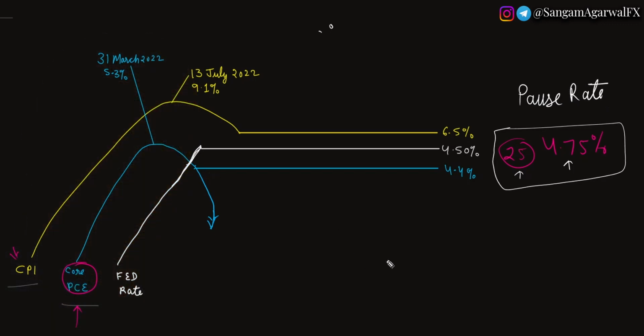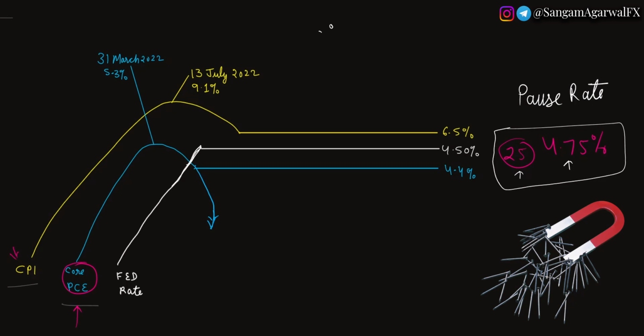And since the inflation rate and the central bank rate catch each other like a magnet, when core PCE goes back to 2% and the Fed stops hiking interest rates, they will not stop there.